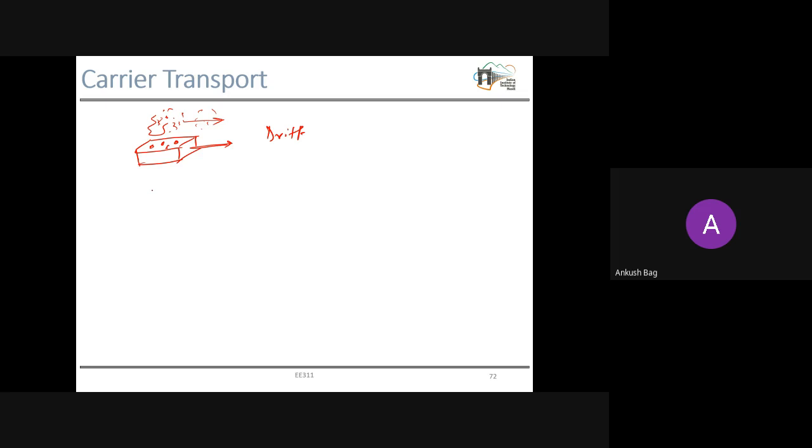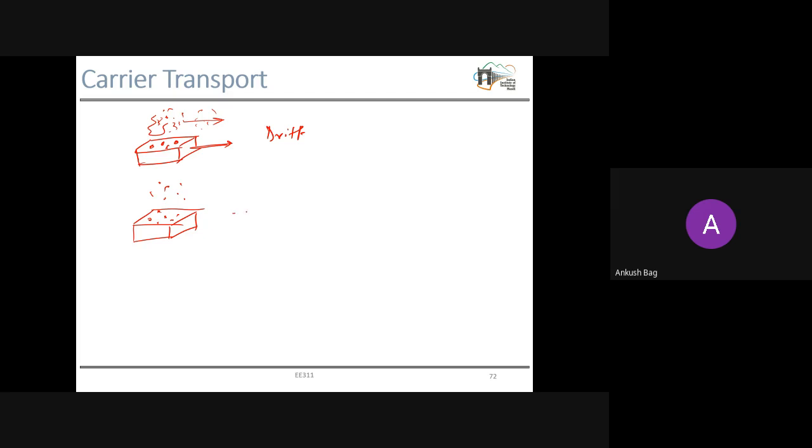Now with the same example, we can explain diffusion carrier transport. Let us once again consider this sweet tray with the sweets, and the flies hovering over it.